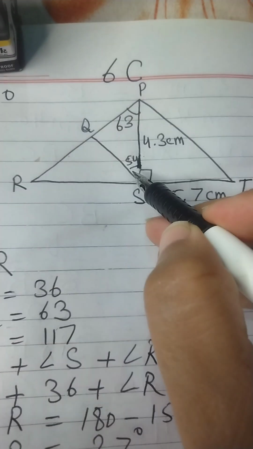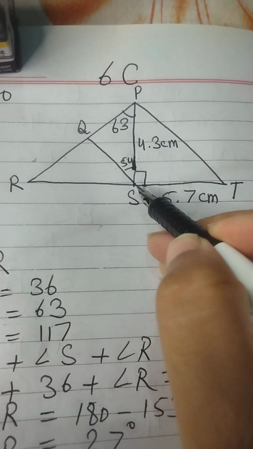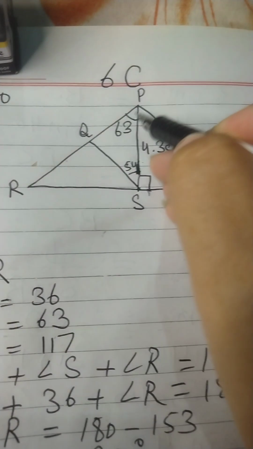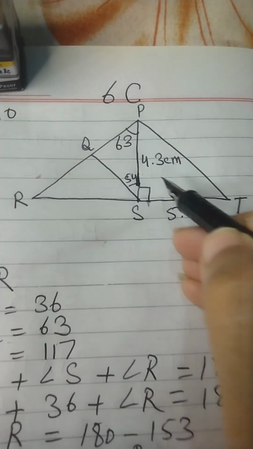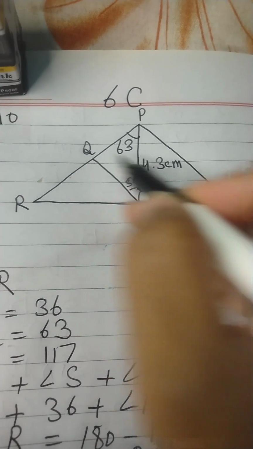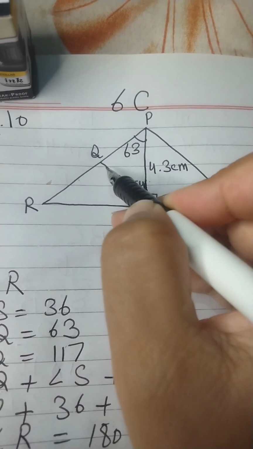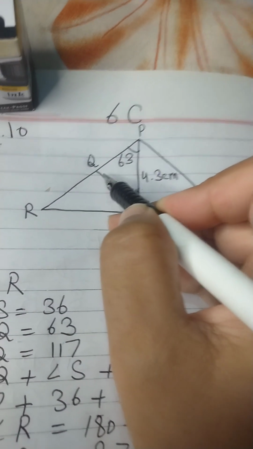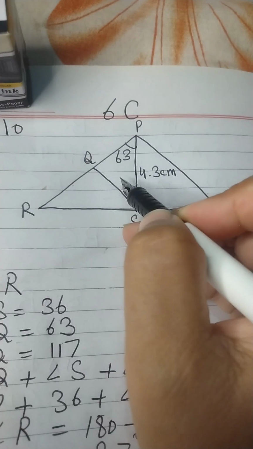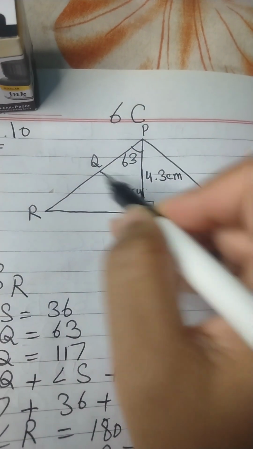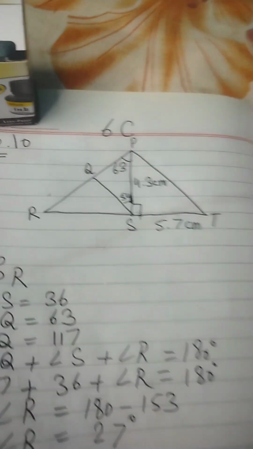QS, opposite to QS we have angle P, 63 degrees, and opposite to 4.3 we have angle Q, which is 63 degrees. By putting the values we easily can find the side QS. Let's start the question.